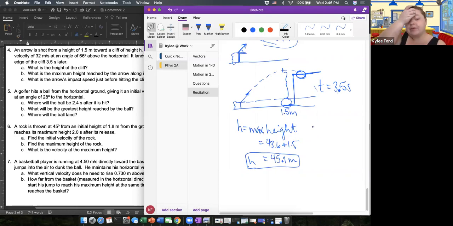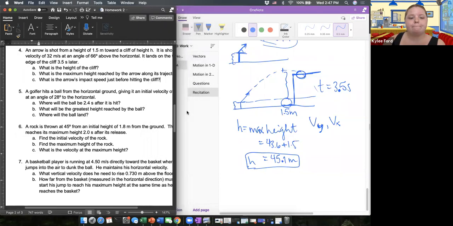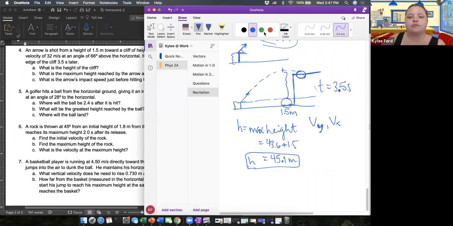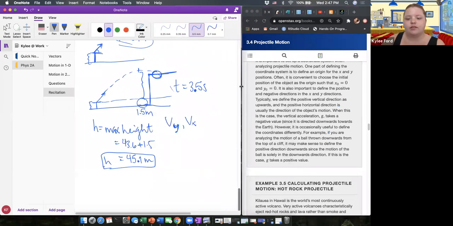So we want to know the impact speed. If we find those two components, we can solve for the total speed, or the speed vector. Do I need anything from here? I don't think so. Let's see here.